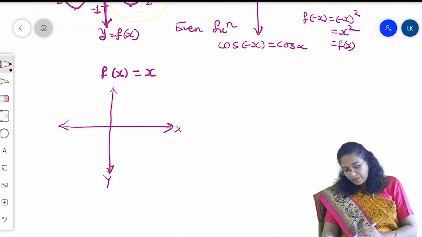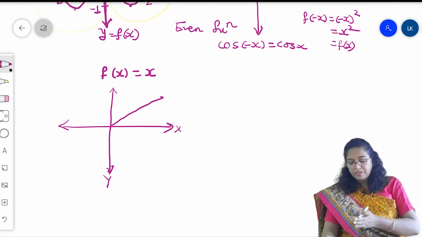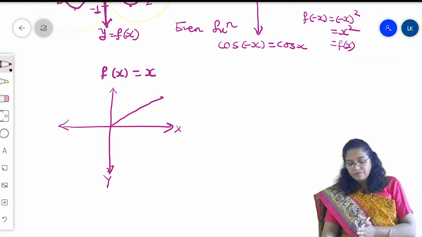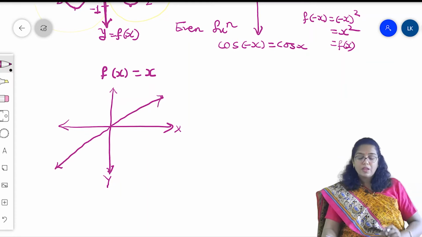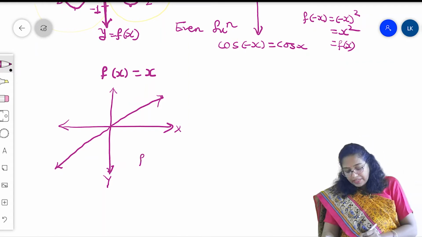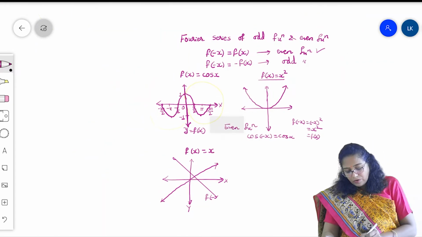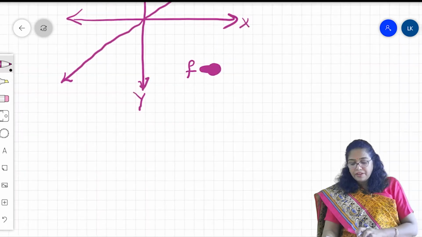Therefore, here we have a line like this. This line divides the first quadrant in two parts. Similarly, if x is negative, then f of x is negative. F of minus x is equal to minus f of x.